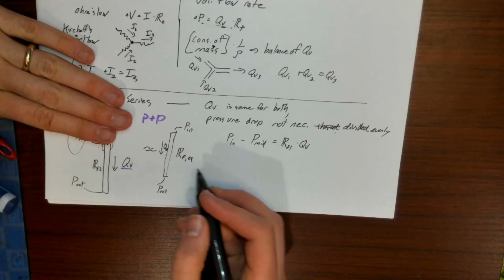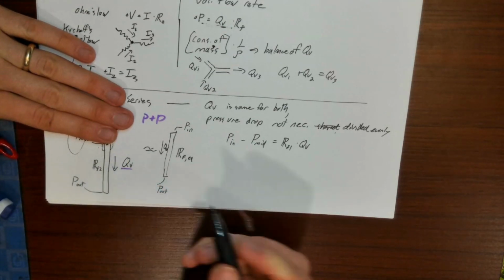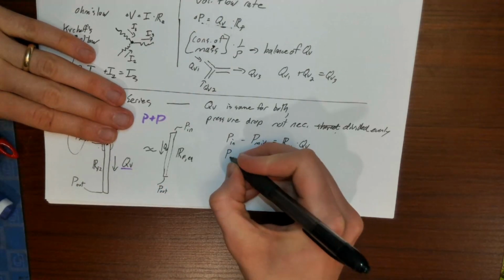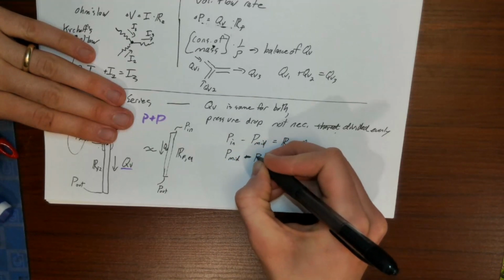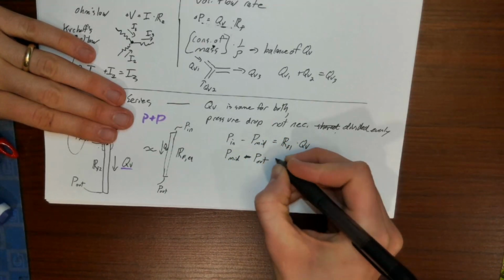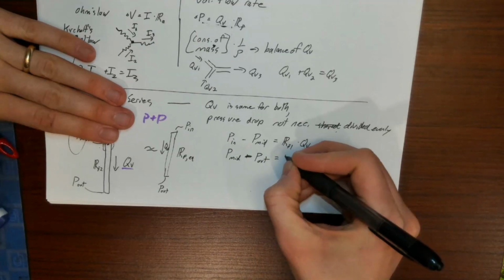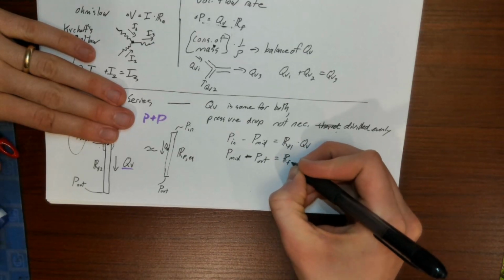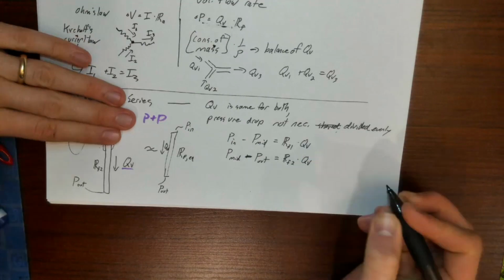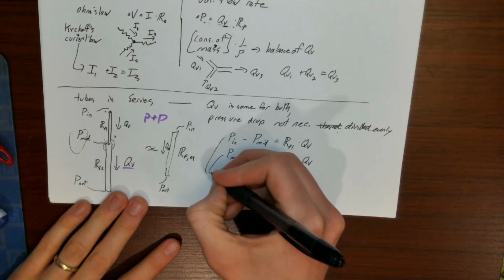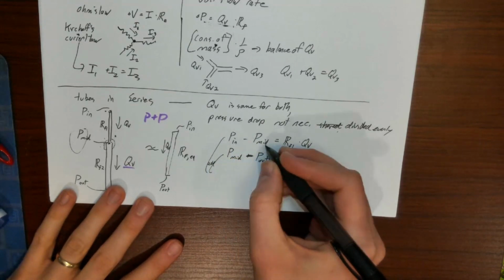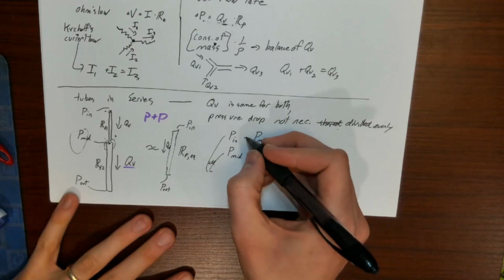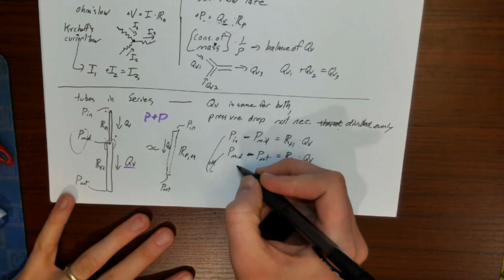And then if I look at this other one, mid is now the inlet for the second tube. So it's P mid minus P out is equal to the fluidic resistance of the second one times the volumetric flow rate. I can take these two equations and add them, and the P mids cancel out because I have minus P mid in the first one and positive in the second.